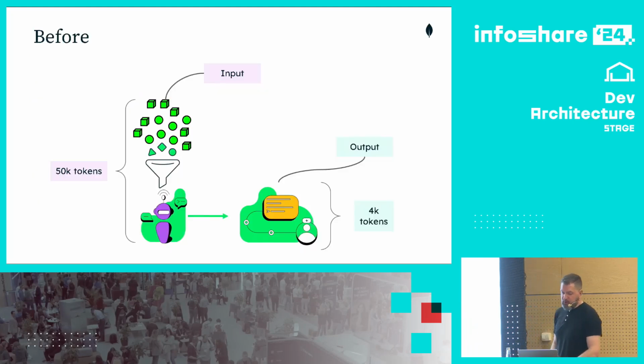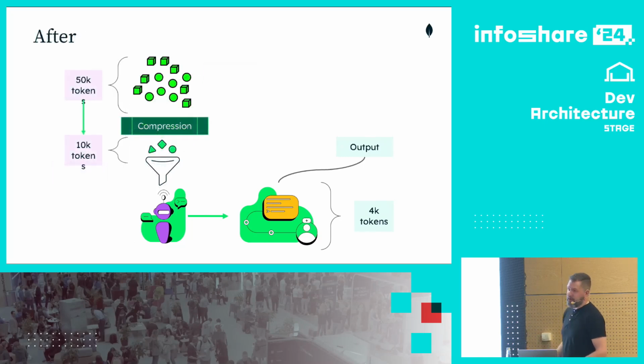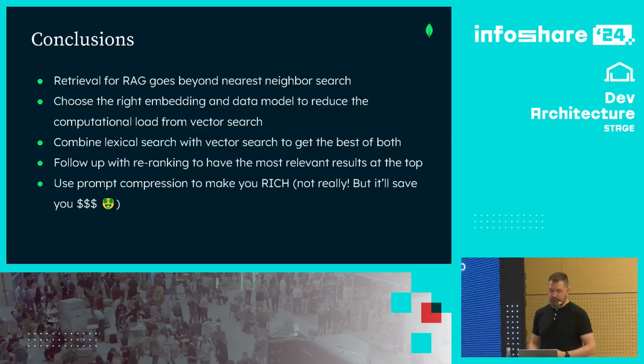Prompt compression techniques can take us from 50,000 tokens down to 10,000 tokens. So this will provide the same length and quality of output as the original uncompressed prompt. And so with this method, we could save money by sending fewer tokens to the LLM.